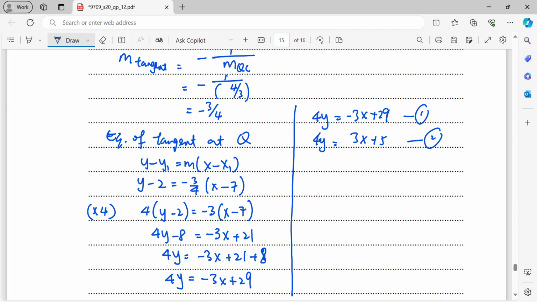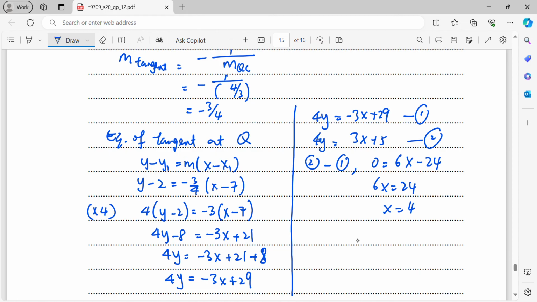Since both are 4y, I will just use the second equation minus the first equation. So the left side is 0. Right-hand side, 3x plus 3x becomes positive 6x. Then 5 minus 29 is negative 24. So now 6x equals 24. My x is going to be 4.